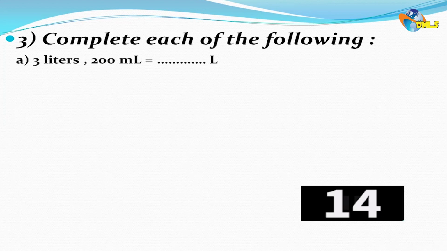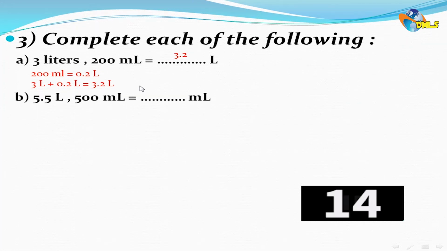By dividing by 1000. So 200 milliliters equal 2/10 liters. Then we will add the two quantities to find the answer. 3 liters plus 2/10 liters, the result is 3.2 liters. So 3 liters and 200 milliliters equals 3.2 liters.